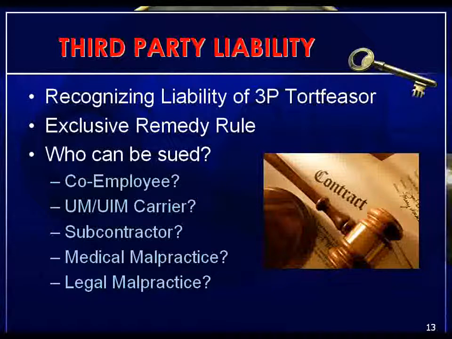At every turn, there are a dozen questions that can be answered a dozen different ways in a dozen different states. So knowing whether or not you can subrogate against UIM benefits is extremely beneficial, because if you have a case involving minimum limits, let's say you have $50,000 limits from the third party and your lien is $50,000, you can then go to the plaintiff and say, look, I'll take the $50,000 because you can go after the UIM carrier, whereas we cannot if you're in a state that can't.